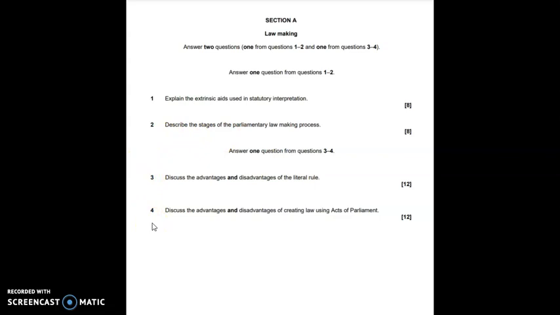Again, you need to look at which you think you can get the most marks on. For question 3, again, I've got model answers that go through the advantages and disadvantages of the literal rule in detail, which you can take a look at. But in brief, you'd be talking about advantages including things like clarity and predictability, and that it forces Parliament to be more clear in their language when they're actually making an act of Parliament.